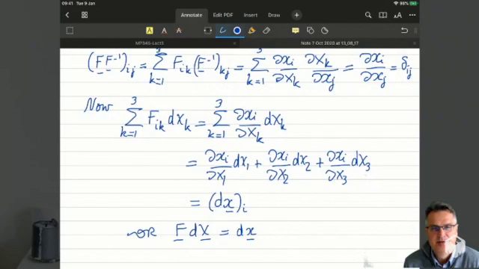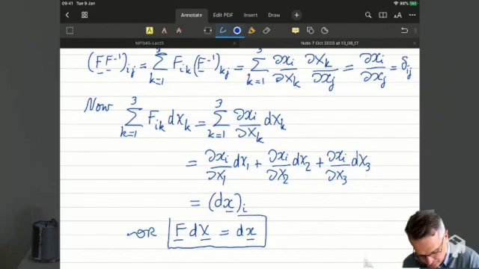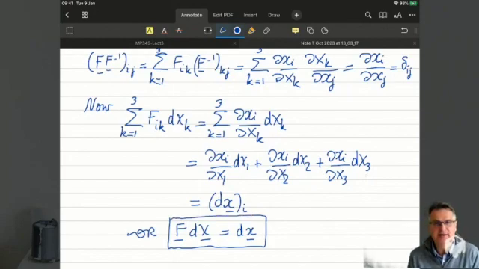Interesting. So you can see here by this important expression that dX, if you think of it as an infinitesimal line element inside the body, capital dX, is transformed into d little x thanks to this linear mapping. Capital F, the deformation gradient, is the linear mapping between line elements in the reference configuration and the current configuration.